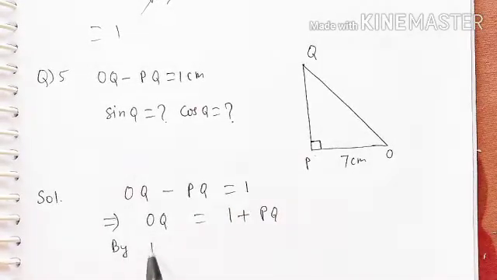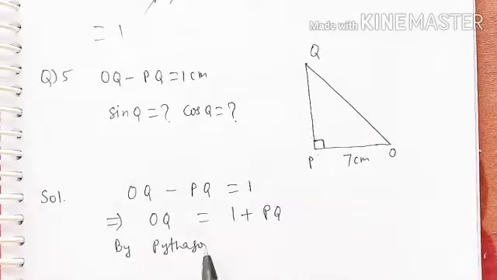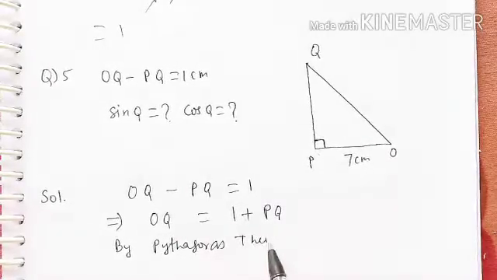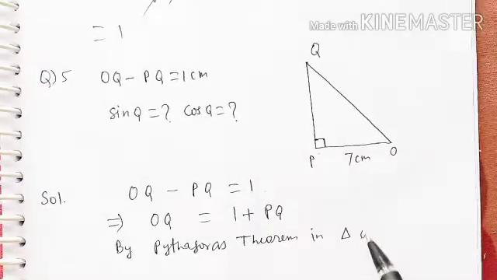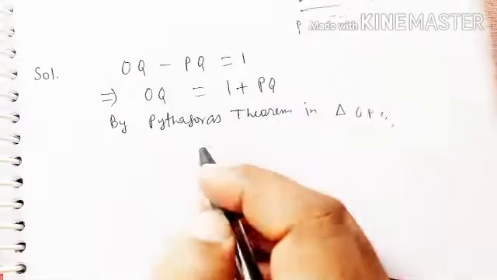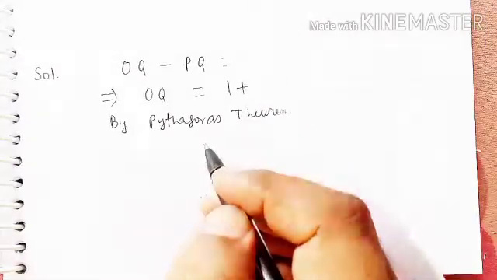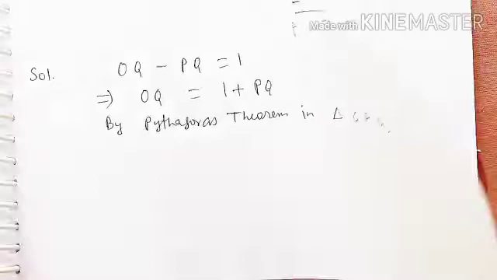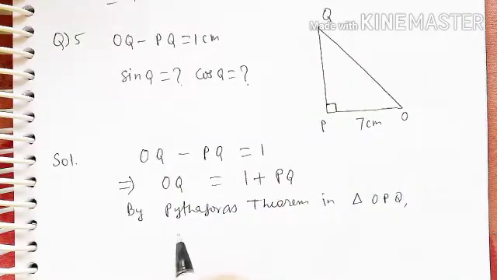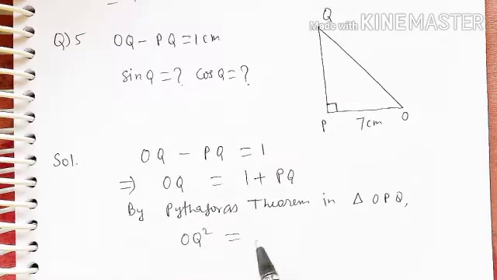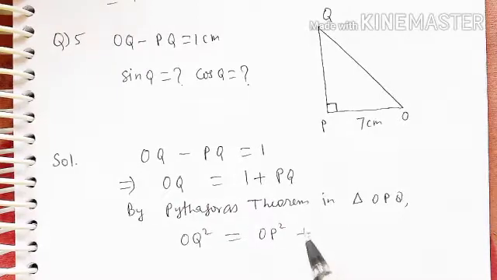By Pythagoras theorem, in triangle OPQ, we have OQ square is equal to OP square plus PQ square.